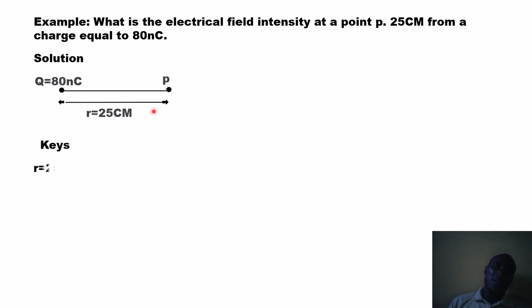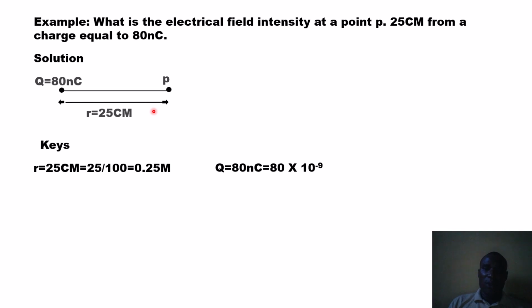Then the key parameters that are given, we are given r and we are given Q. So our r, 25 centimeters, if converted to meters, will give us 0.25 meters. Our 80 nanocoulomb, if converted to coulomb, will give us 80 times 10 raised to the power minus 9 coulomb.